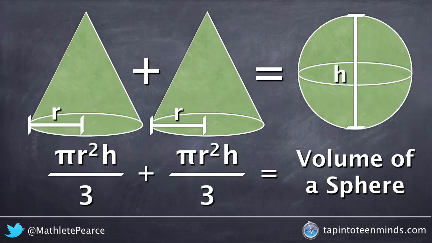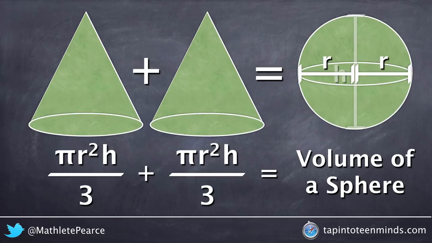If we analyze the relationship between the radius of the cones and the height of the sphere, we'll see that 2 radii is equal to 1 height of the cone and 1 height of the sphere.